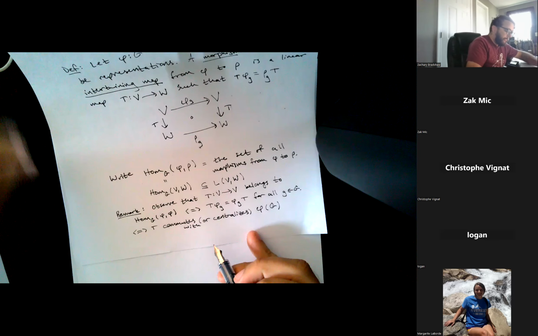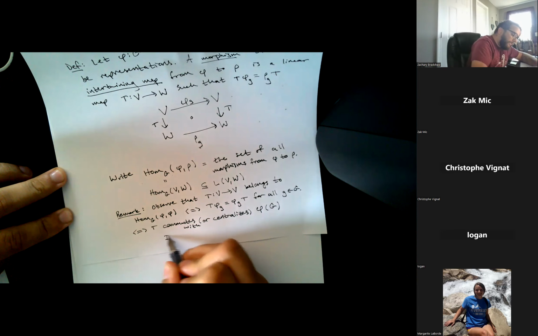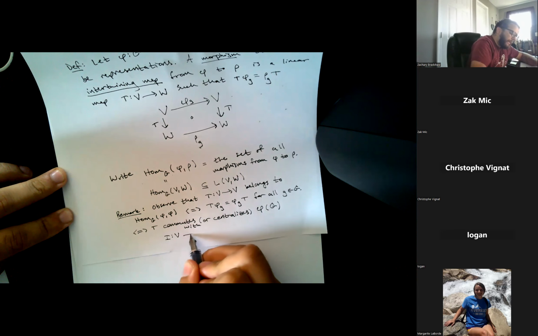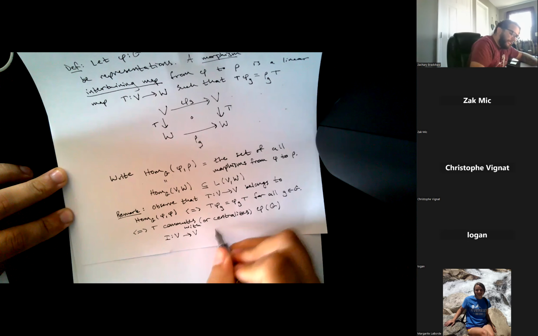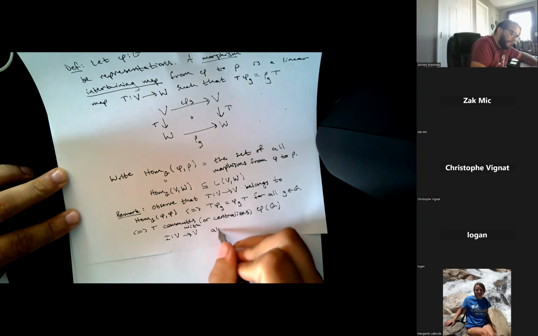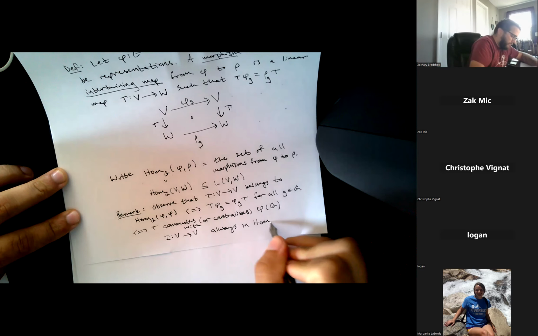Okay, so that's a strong condition. Note that there is always one map that does this, which is the identity map. So this guy is always in Hom_G.